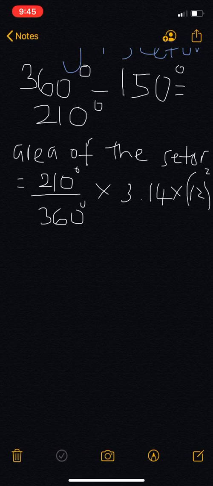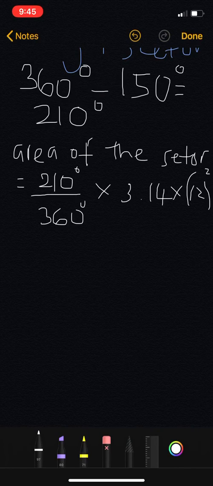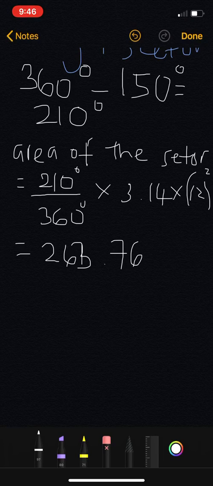Don't forget the square. Then you press your calculator, and finally you will get 263.76. No need to write the unit, but if the question asks you, you can write it. It is not wrong, but if you didn't write the unit, it's fine.